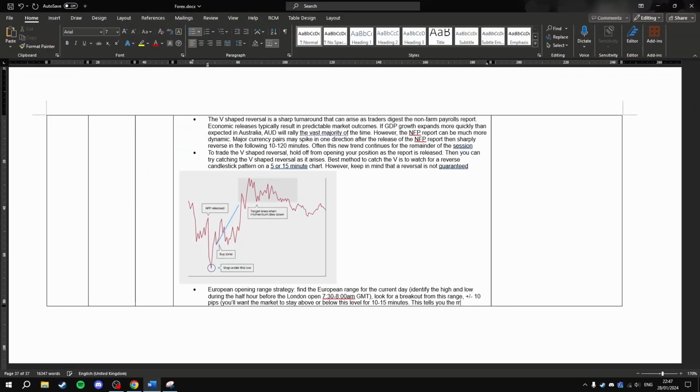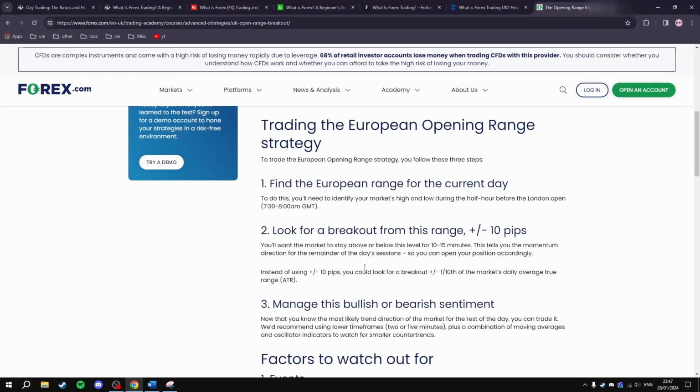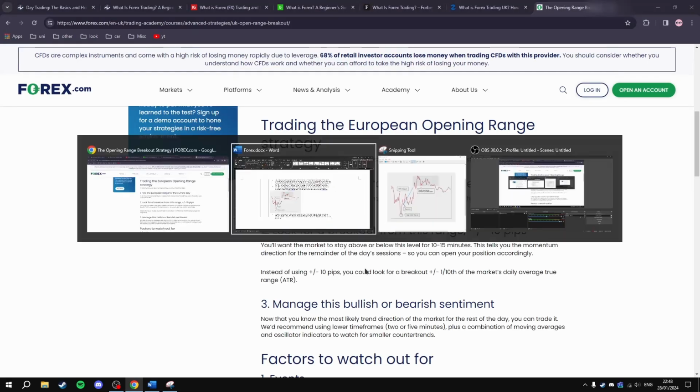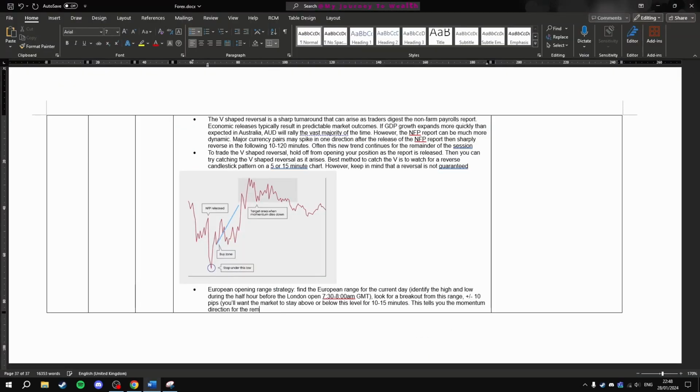This tells you the momentum or direction for the remainder of today's sessions.